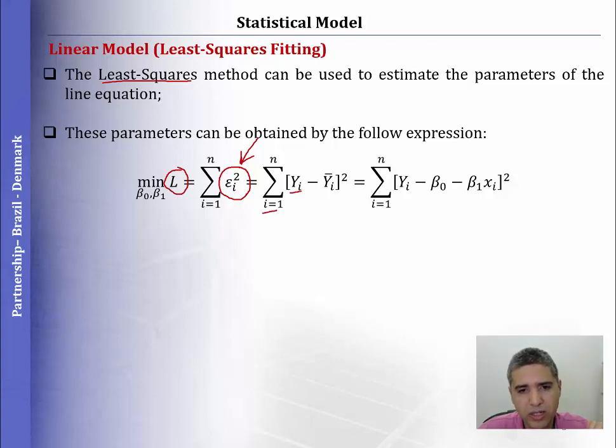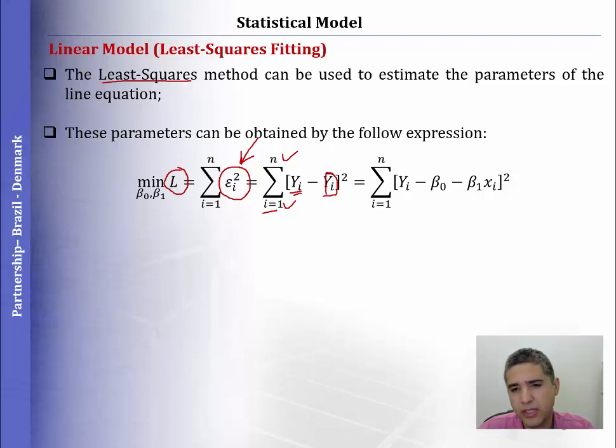So here we have the sum from 1 to n, where n is the number of the data that we have. Y is the set of original data, and Y with this part is the model.